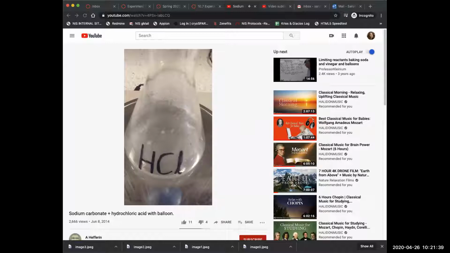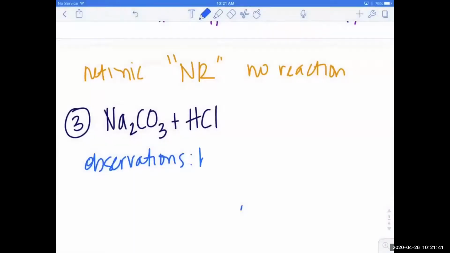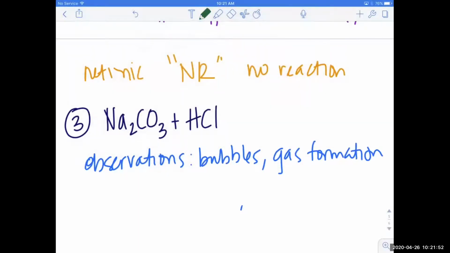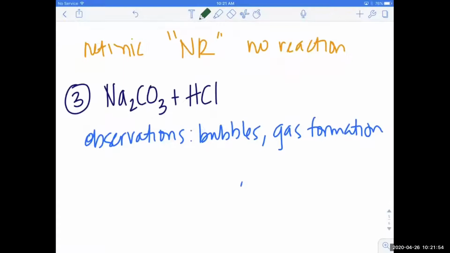For our observations, we can write bubbles, you can write gas formation. We also should technically see heat, but it's kind of hard to see in that video, but the main thing is that bubbles and gas were formed.